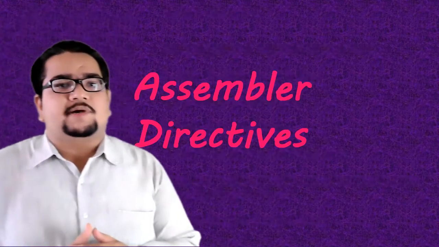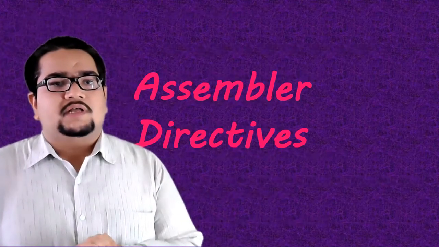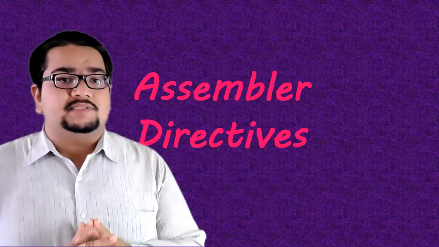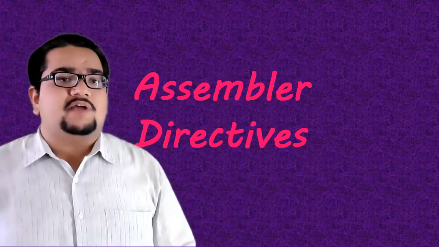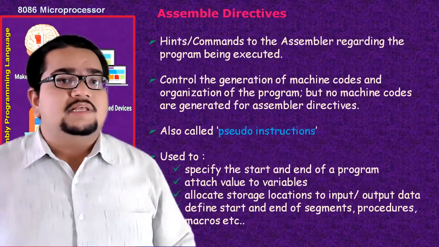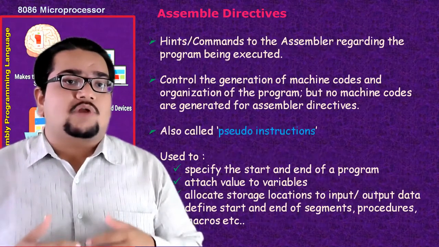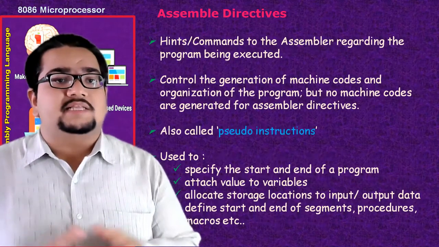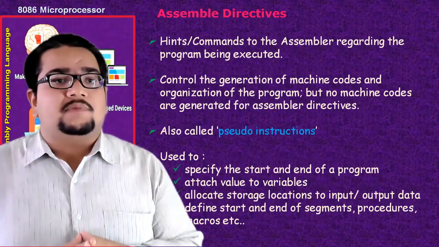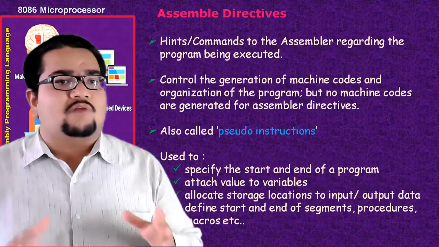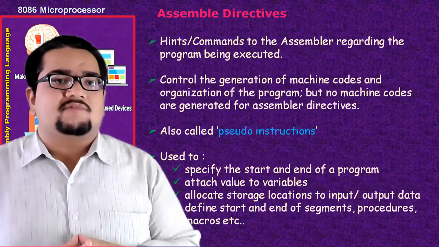Today's lecture will be talking about assembler directives of 8086 assembly language programming. So what does an assembler directive mean? Assembler directives, as we have seen earlier also, are hints or commands which a programmer gives to the assembler, such that the assembler can easily translate the program into machine code, because the processor does not understand the program we have written; assembly language mnemonics cannot be understood by the processor.